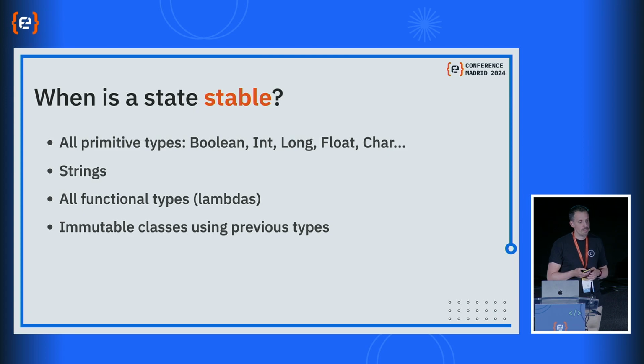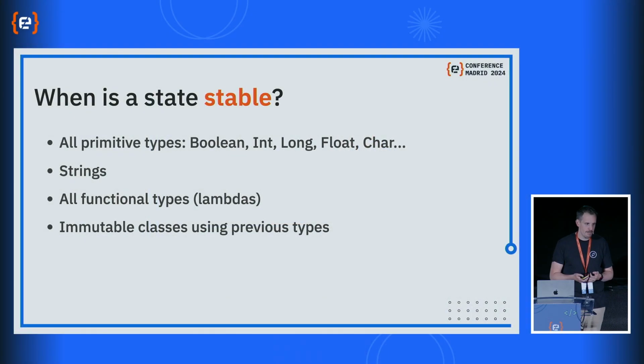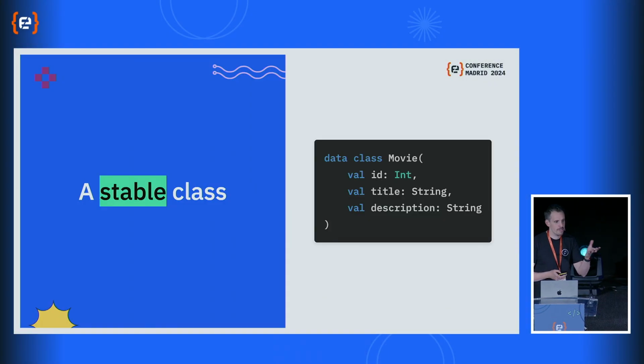And then immutable classes using any of the previous types. If I have a data class that has 3 or 4 properties, and all these properties are val, are final, and also the types of those properties are in any of these that we saw before, then the class is considered stable. An example, this data class has 3 properties.